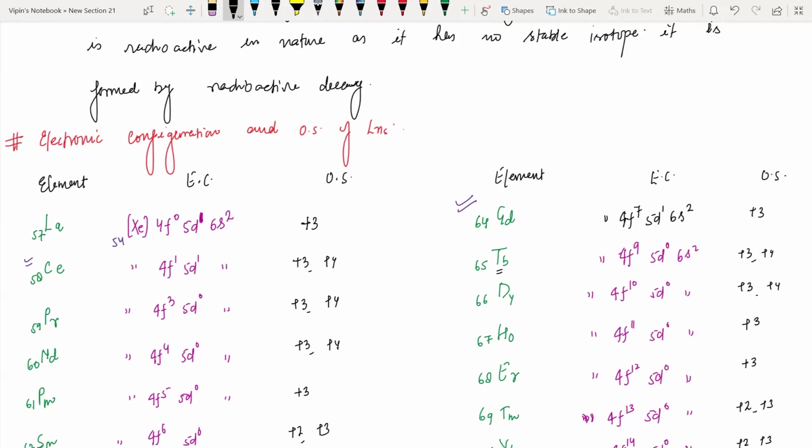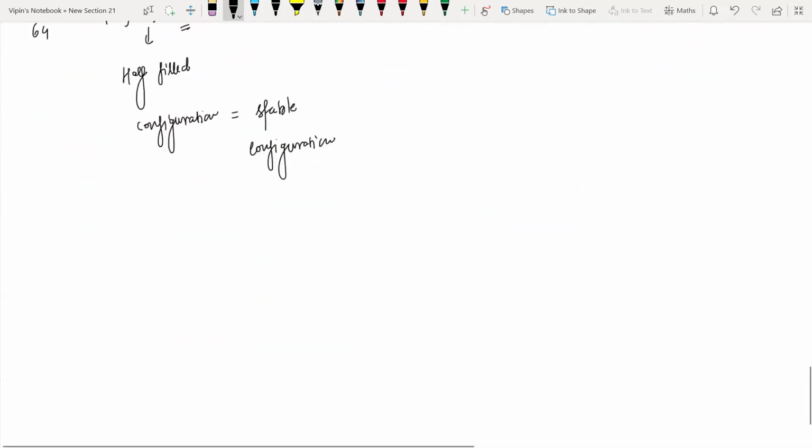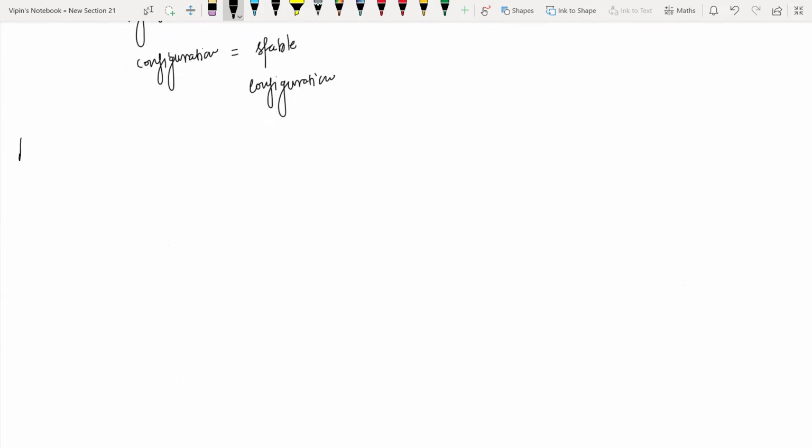Hence, the electron does not enter the 5d orbital; it remains in the 4f orbital. Therefore, terbium has 4f9 5d0 6s2, not the 4f8 5d1 6s2 configuration. Okay, this is all about the electronic configuration.